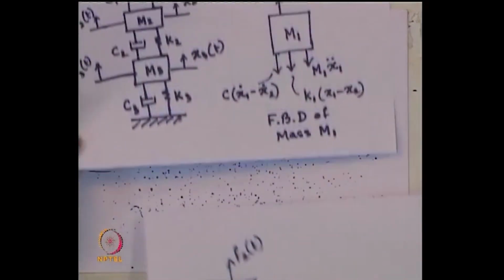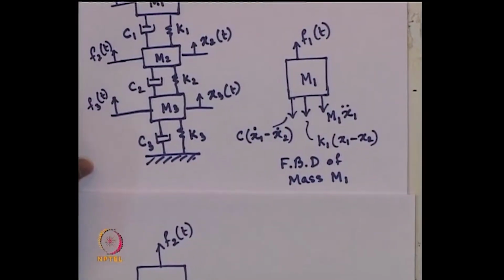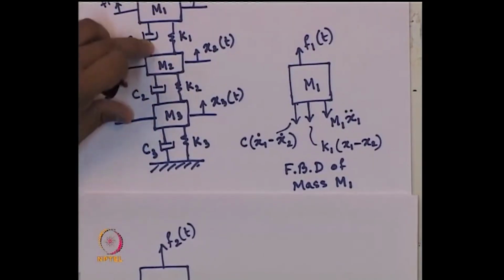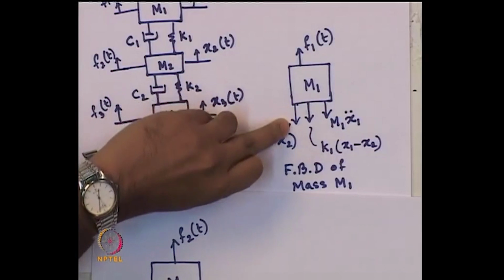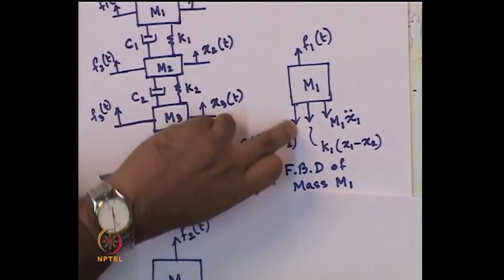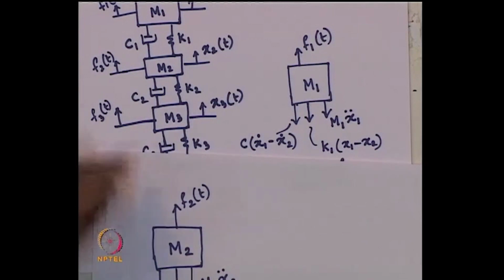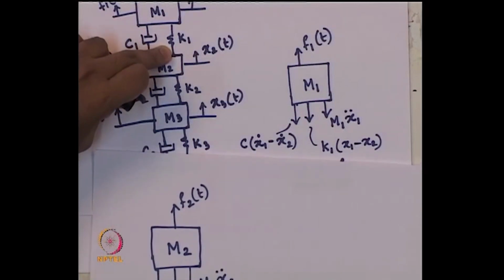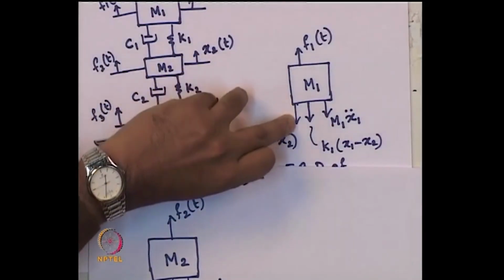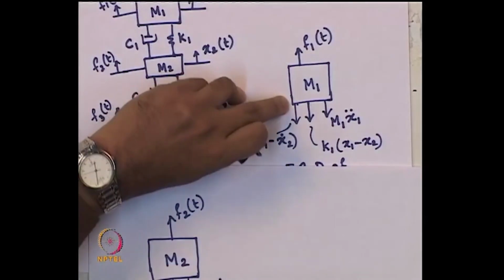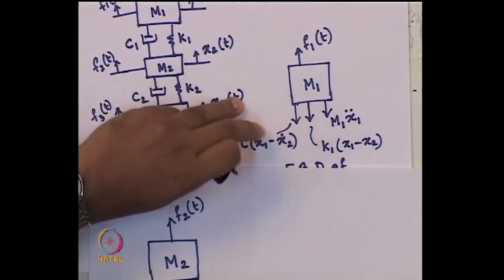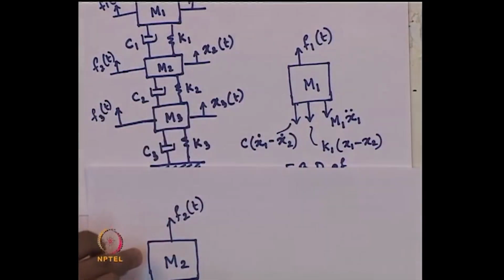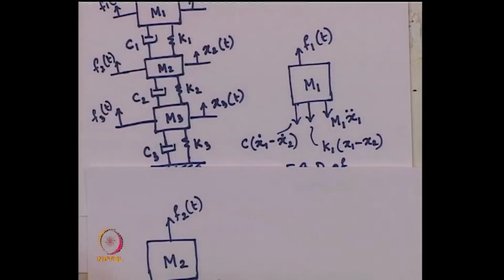Yes, because to maintain the internal equilibrium, whatever forces are acting from this mass m1 to mass m2 connected through this damper and spring, that internal equilibrium has to be maintained. So, whatever this damper force and spring force are acting in the downward direction, the same magnitude forces must act in the upward direction to maintain the internal equilibrium of the system.